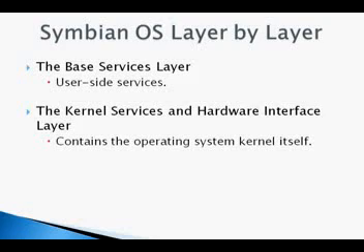The foundation layer of the Symbian Operating System. The base services layer provides the lowest level of user-side services. In particular, the base services layer includes the file server and the user libraries. The microkernel architecture of the Symbian Operating System places them outside the kernel in user space.